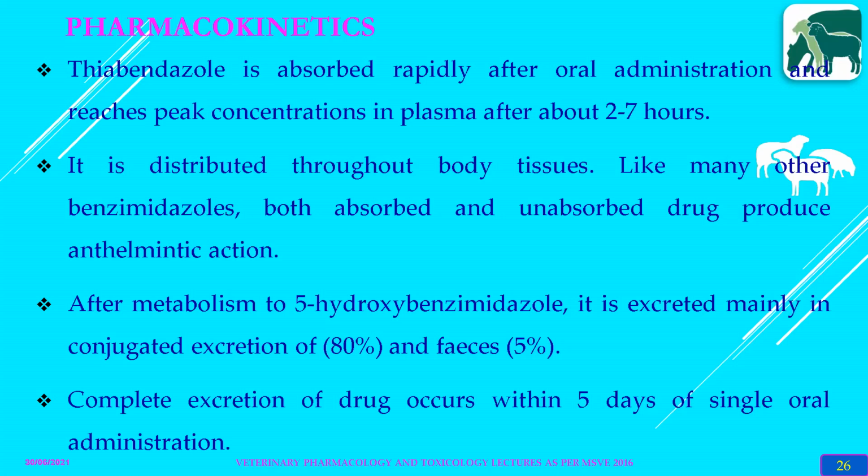After metabolism to 5-hydroxythiabendazole, thiabendazole is excreted mainly as conjugates, especially in the bile and also in the feces. So the mechanism of excretion is conjugated excretion in the bile, and later it is excreted through the feces, and complete excretion of the drug occurs within 5 days of a single oral administration.